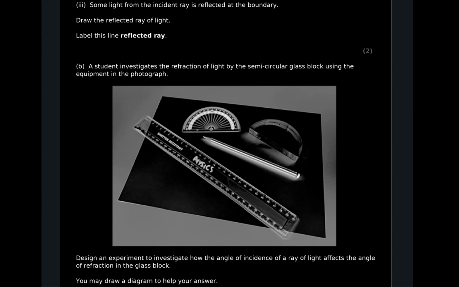Part B, a student investigates the refraction of light by the semicircular glass block using equipment in the photograph. Some of the equipment we have here, we have the glass block, semicircular glass block. We have a protractor. We have a pencil. We also have a ruler. And remember, the other requirement that we need is a ray box.